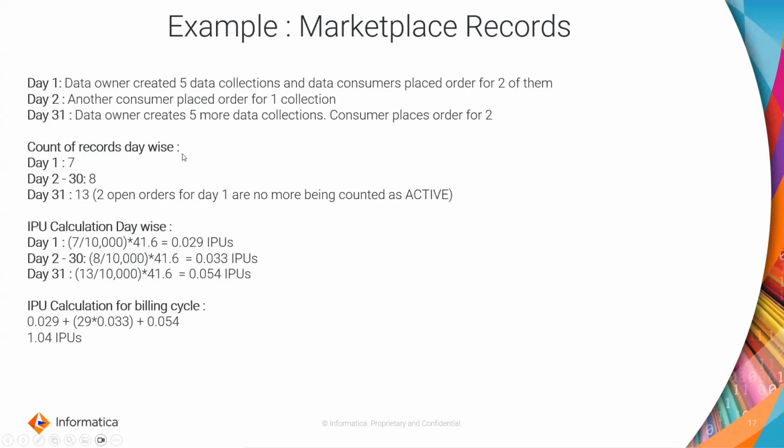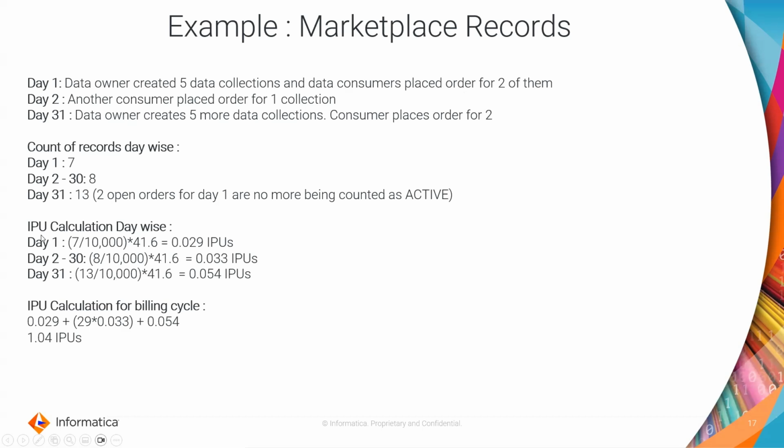So the count of records on day 1 is 7 marketplace assets or marketplace records. Day 2 to day 30 is 8. And on day 31, it's 13. Now why is it 13 on day 31? Because the 2 open orders from day 1 are no longer counted as active towards the marketplace meter.